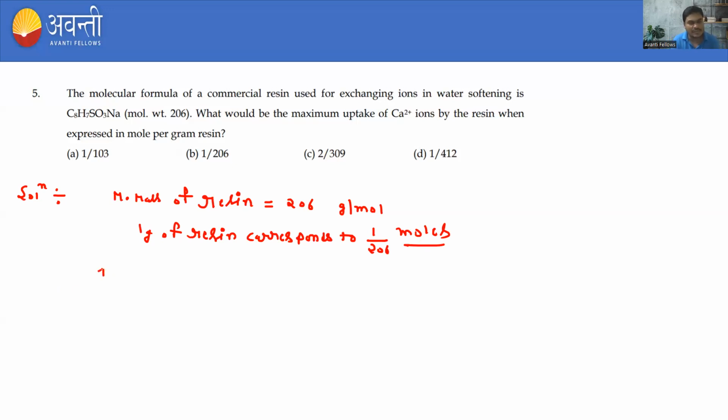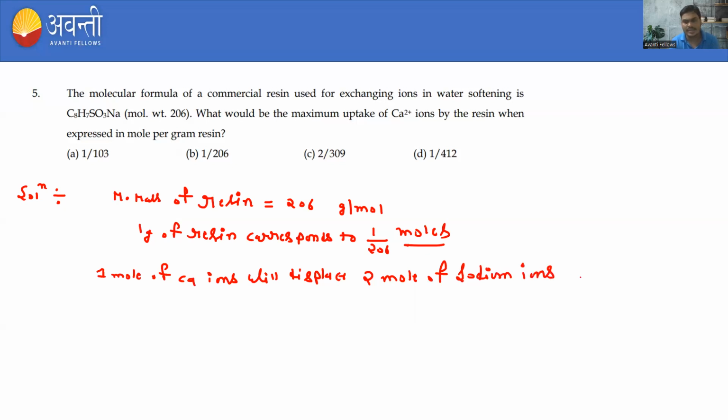Now 1 mole of calcium ion will displace 2 mole of sodium ions from the resin. Did you understand this? 1 mole of calcium ion will displace 2 mole of sodium ion from the resin.